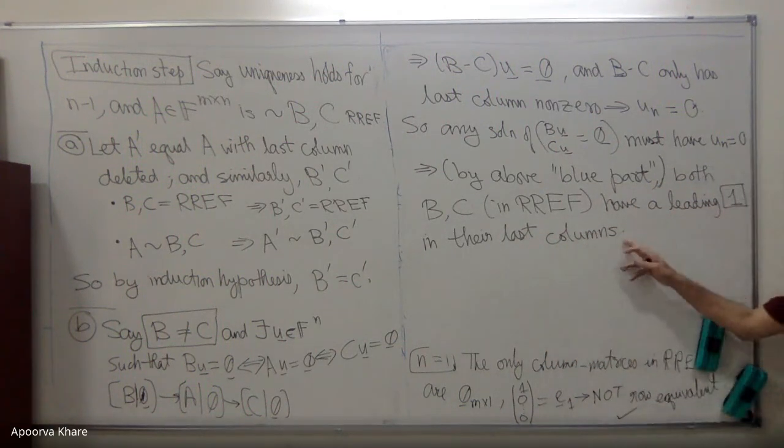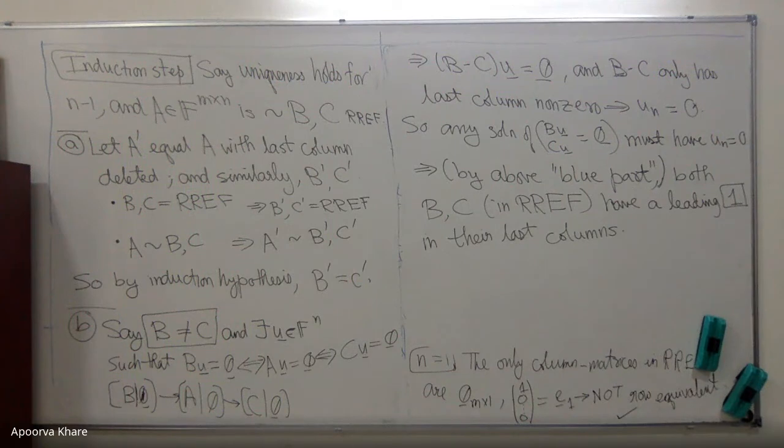I am putting columns because there are two matrices here. Okay, so they have a leading 1 in their last column, sorry.